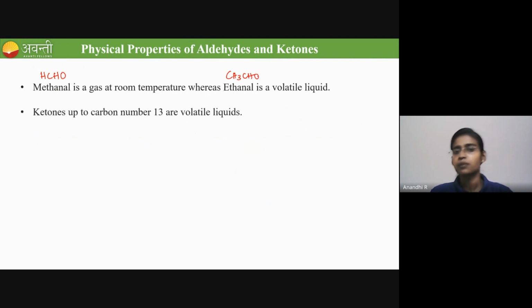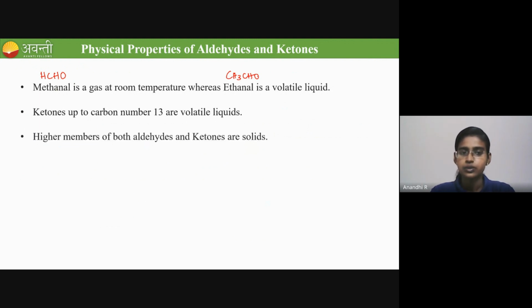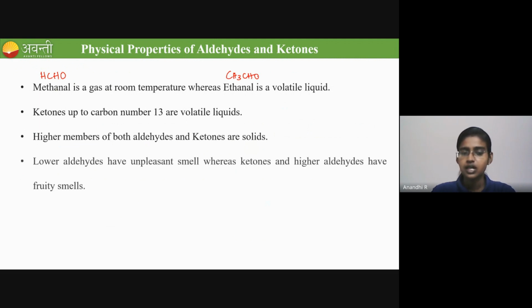And ketones up to 13 carbon system are volatile liquids, and more than 13, they are solids. Okay, and lower aldehydes have unpleasant smell, whereas ketones and higher aldehydes have fruity smell. That's why we are using those in the fragrances, the perfumes, etc. Right? So higher aldehydes, more number of carbon containing aldehydes and ketones are used for fragrance purposes.